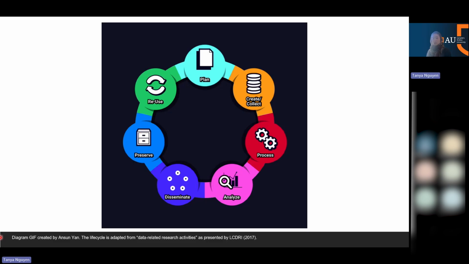Okay, so this is the research data lifecycle, and these are some of the data-related research activities that you will engage in throughout your research. And when we start with the plan, the initial plan of your data, we want to be thinking about things such as funding applications and the research proposal as you're putting together your data management plan.